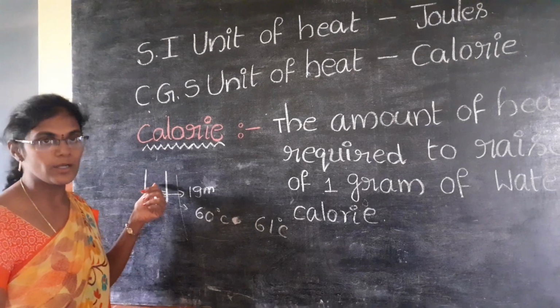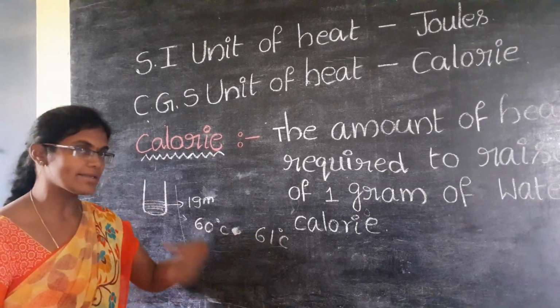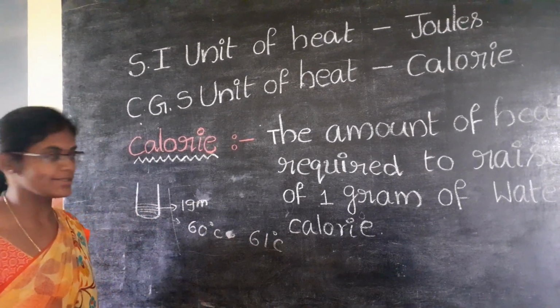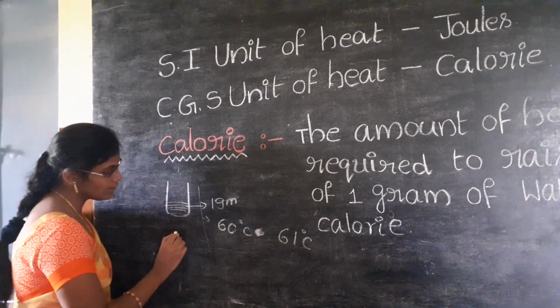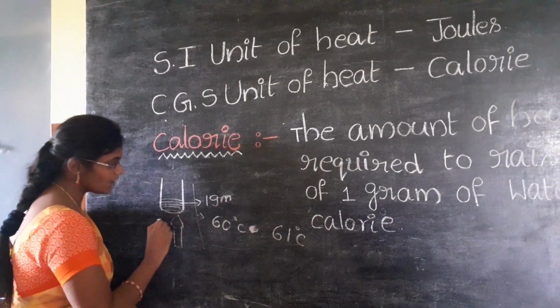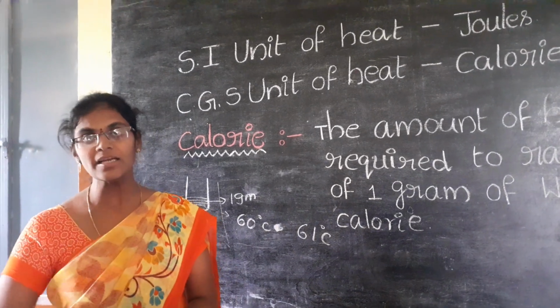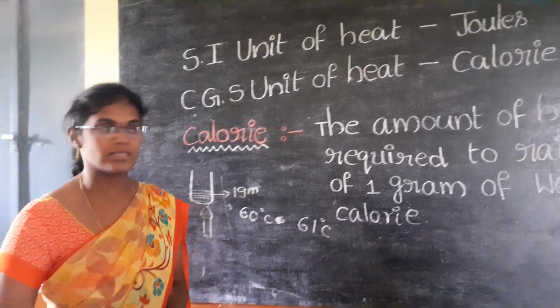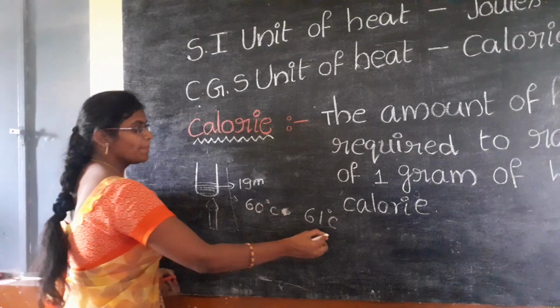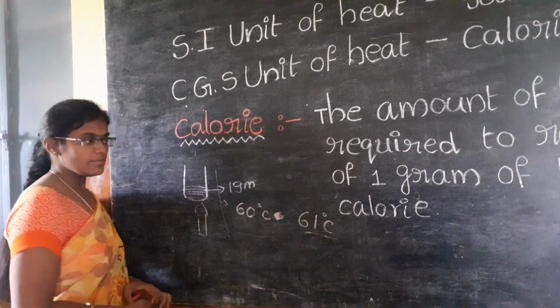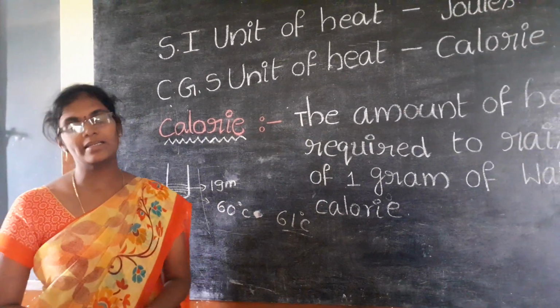By supplying heat only, we have a chance to raise the temperature of any substance. So now supply the heat energy through a candle or Bunsen burner or by supplying electricity. So in many ways we have the chance. So supply the heat energy and get 61 degrees Celsius.